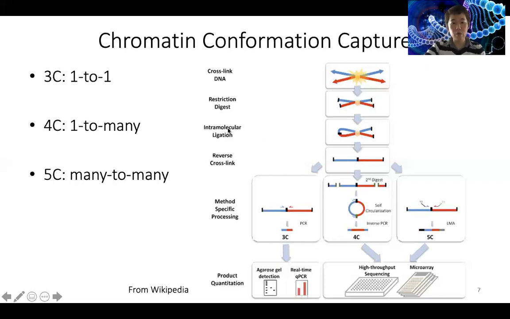And then we can use an enzyme to ligate the fragments that are close by to each other. So you can see here, the red and blue, because of their physical interaction or physical proximity, are being linked together, even though in genomic distance they are pretty far away. And then once we do the reverse cross-linking, these two are now right next to each other.